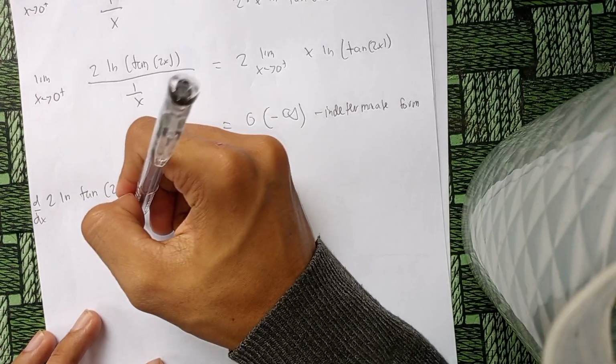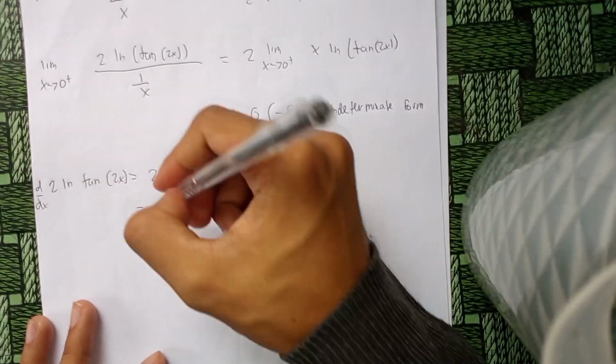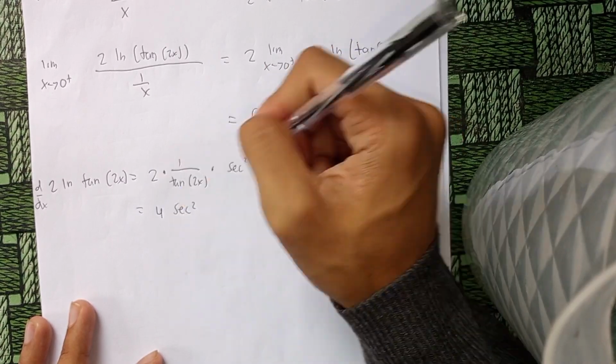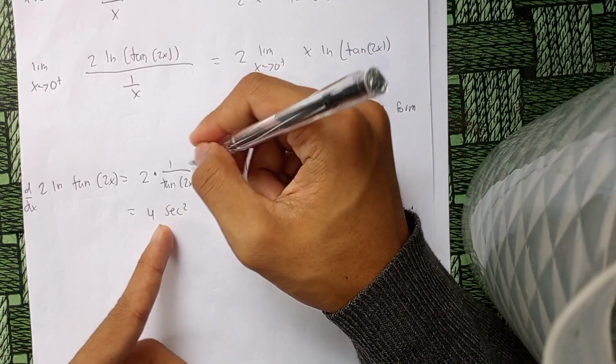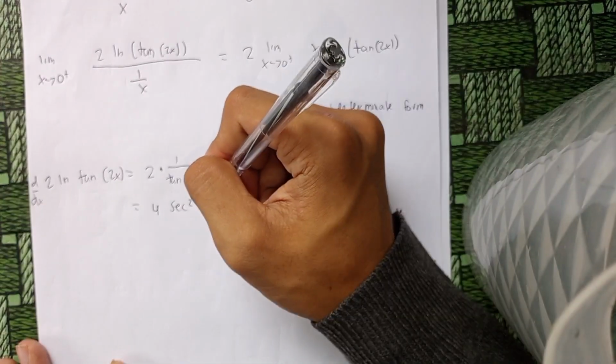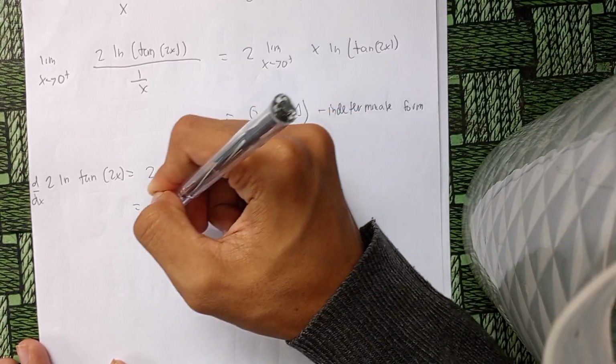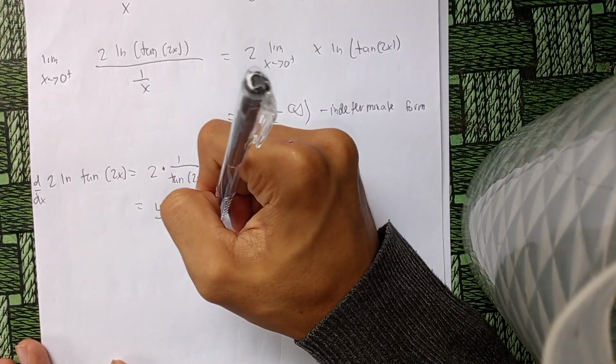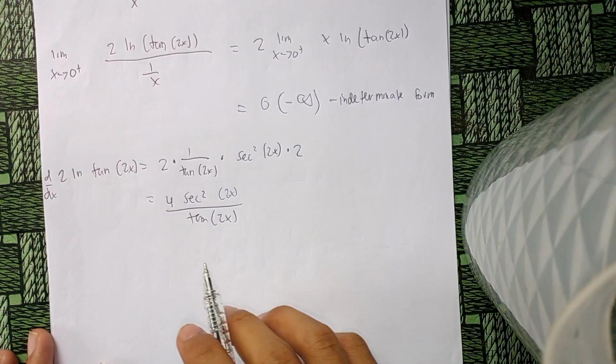Then this is equal to 4 secant squared 2x over tan 2x. That is for the numerator.